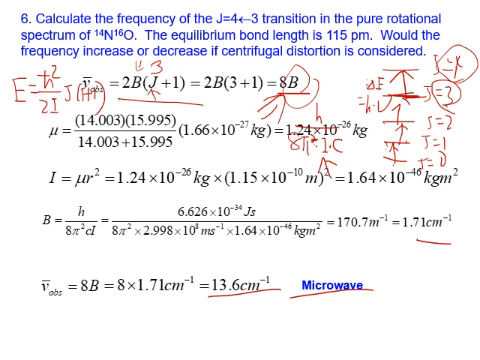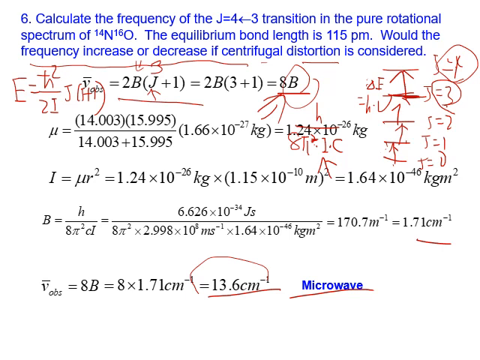Now, the question also asks, would the frequency increase or decrease if centrifugal distortion is considered? All these calculations are based on a rigid rotor where the bond length doesn't change.